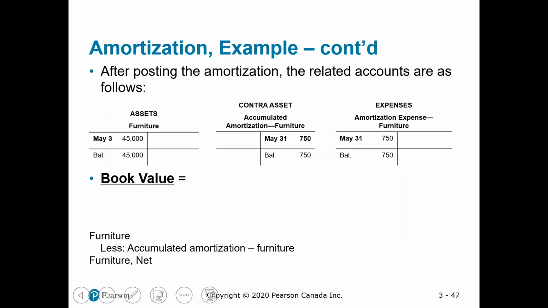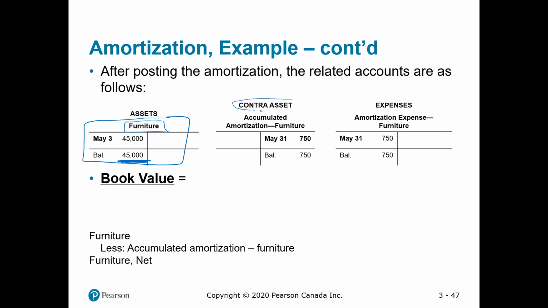Okay, so we've booked this amortization, and here is what it looks like after posting to the T accounts. So we still have this full balance in the furniture account, and that's what we want, because the users want to be able to quickly look back and see what the original cost was. That is why we're not actually adjusting this account when we amortize.